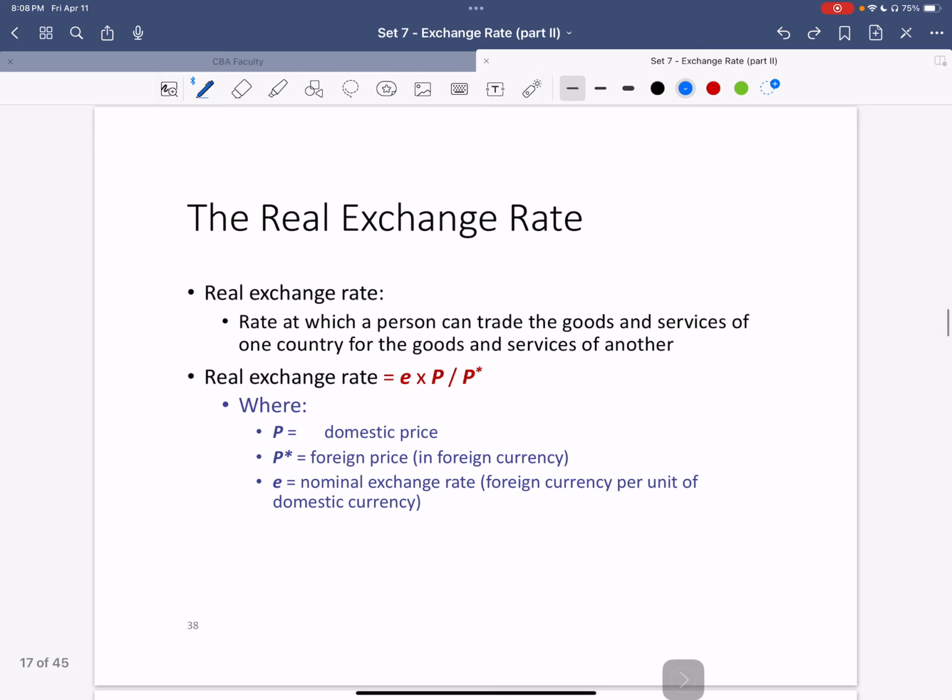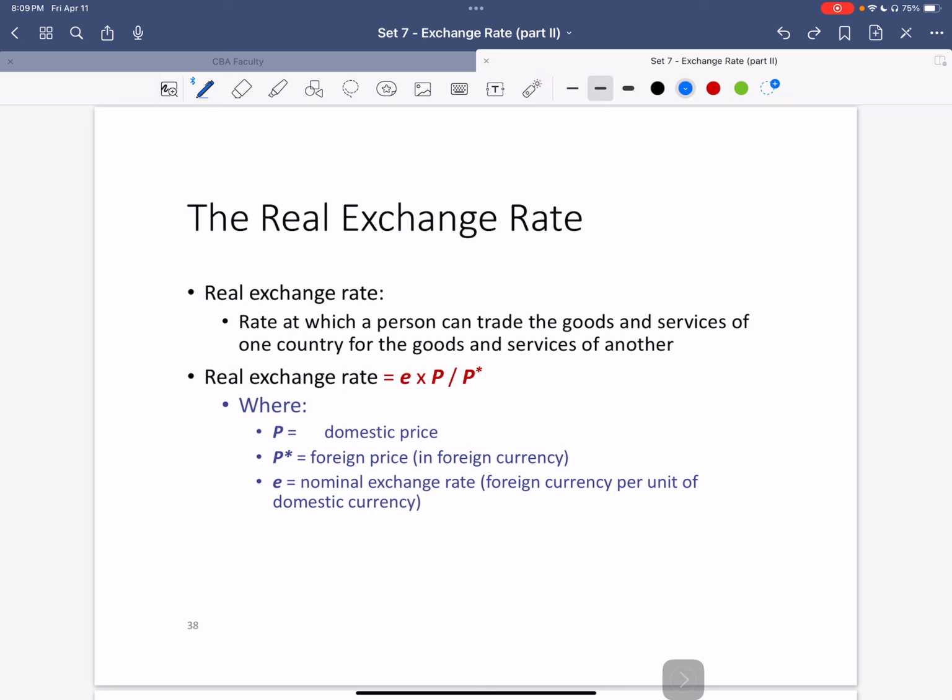Okay, we learned how to calculate the level of the prices using CPI or different price indices, CPI, PPI, GDP deflator. We can use any of those. And to calculate the real exchange rate, we need to multiply the nominal exchange rate with the ratio of the level of the prices in two countries. Okay.